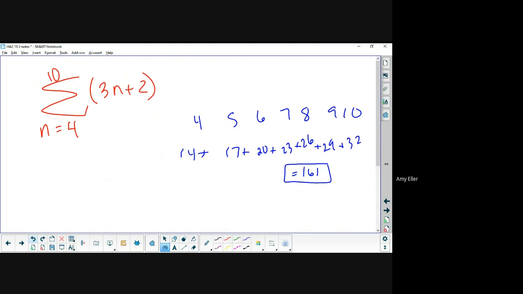Again, it has a common difference or slope common difference of 3. So it should be pretty quick to write out those numbers. They add up to 161.